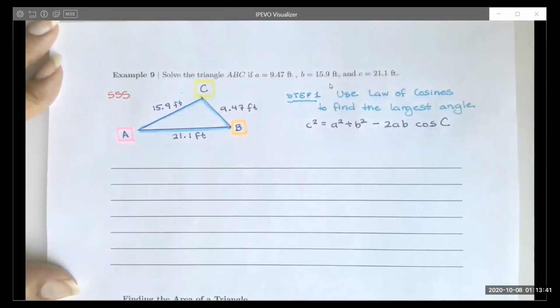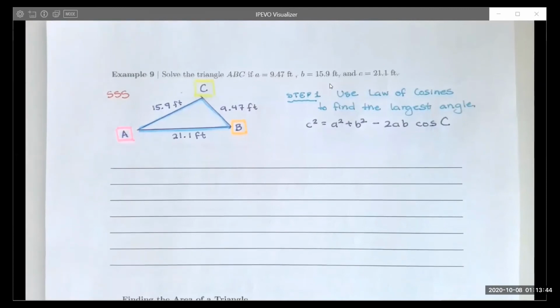And before we plug in any of the values, we can try to solve for angle C as much as possible.